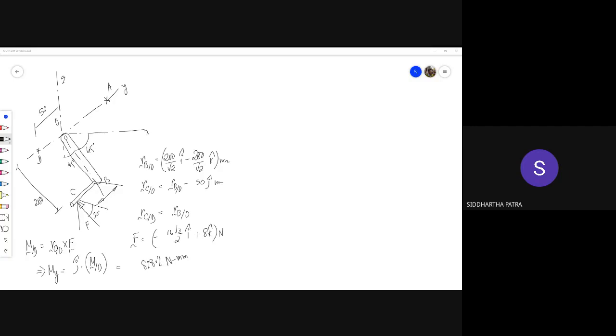If you consider the axis to be j, I think you should get a negative sign. Oh, sorry, I think you should get a positive sign, because the moment about y should be positive. Yeah.